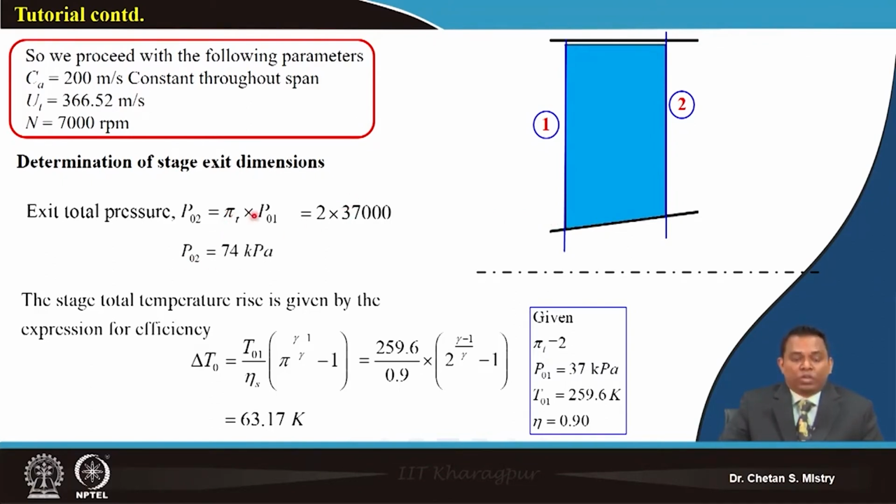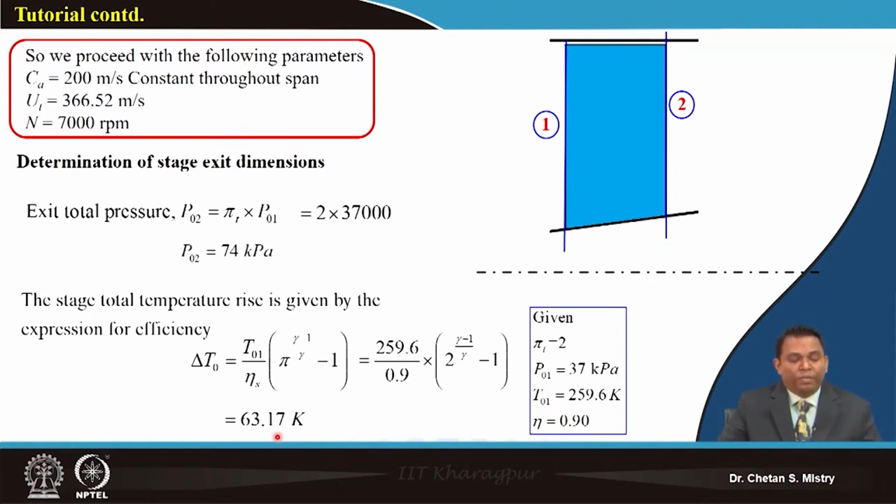Our pressure ratio is given as say 2, and based on that we can calculate our total pressure at the exit. Now this we will use in order to calculate our delta T0, that is nothing but my total temperature rise across my rotor, and that's coming 63.17 Kelvin.